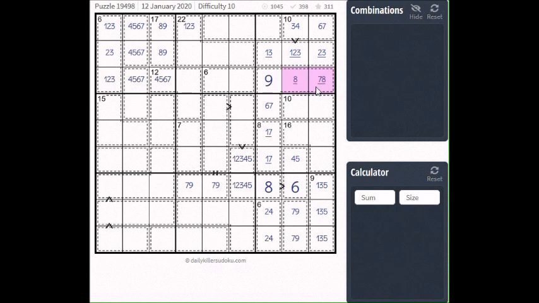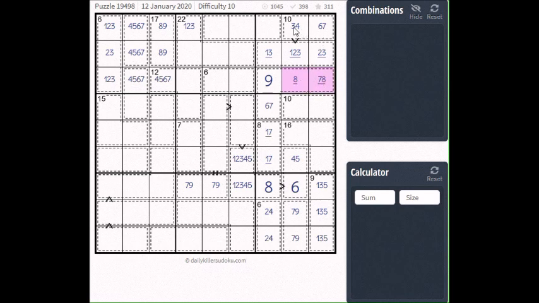I'll repeat. If the 2 is here, then the 7 is here, and here we would have a 3. Then this would be 1, 4, 5 minimum, which is contradictory. Now, if the 3 is here, then we would have 3 and 8.